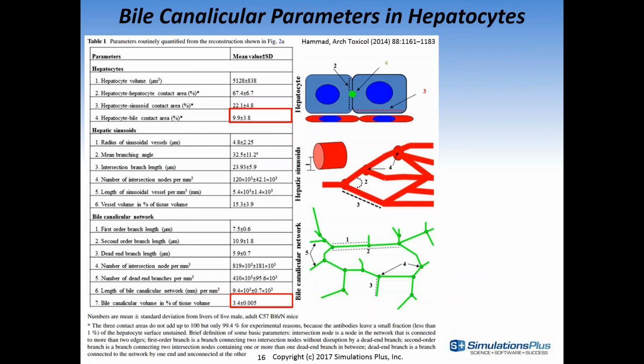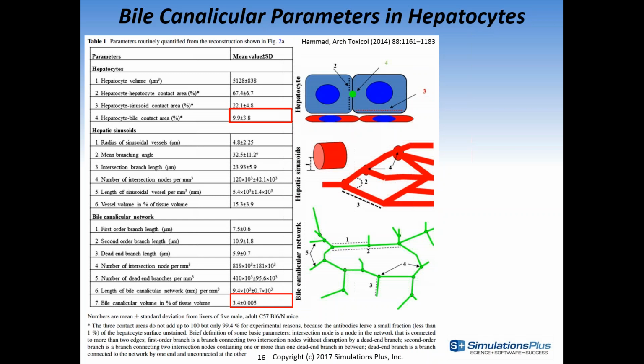We've added extra parameters to account for the hepatocyte and the bile canaliculi. So we need to know what the contact area is between the bile pocket and the apical membrane in the hepatocytes. We've looked up literature, found that about 10% of the contact area is the bile canaliculi.